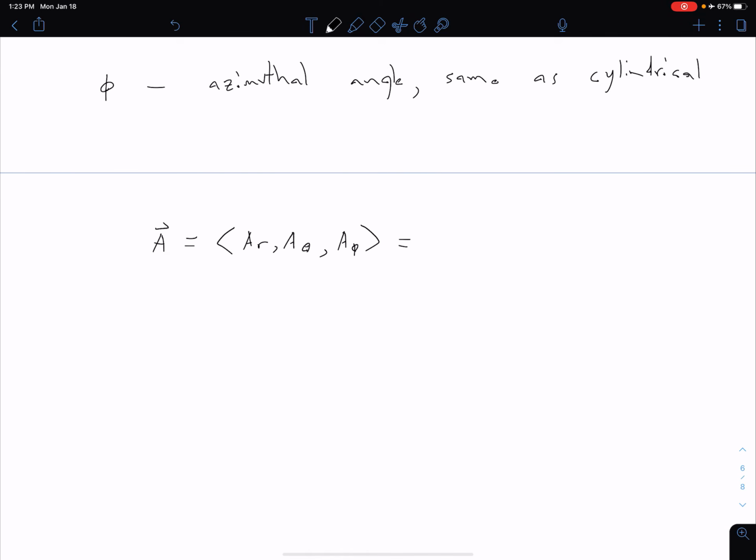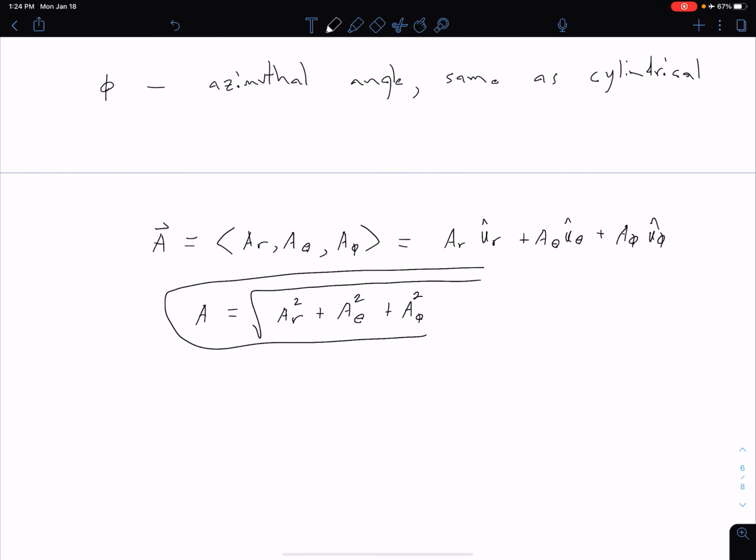We could also write it as A sub r times the unit vector in our r direction, plus A sub theta times the unit vector in our theta direction, plus A sub phi times the unit vector in our phi direction. The magnitude of A has a similar definition to the other ones: the square root of the sum of the squares. So the square root of A r squared plus A theta squared plus A phi squared. That would be the magnitude of our vector A.